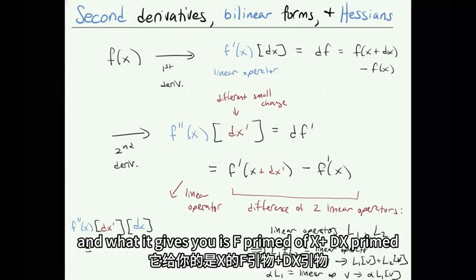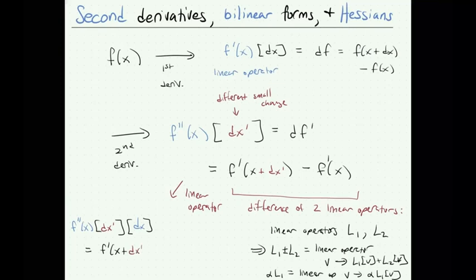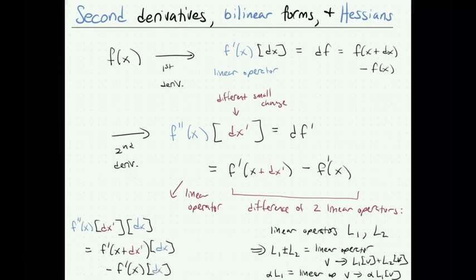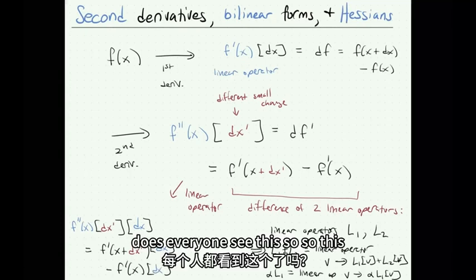And what it gives you is f prime of x plus dx prime, acting on dx, minus f prime of x acting on dx. Does everyone see this?